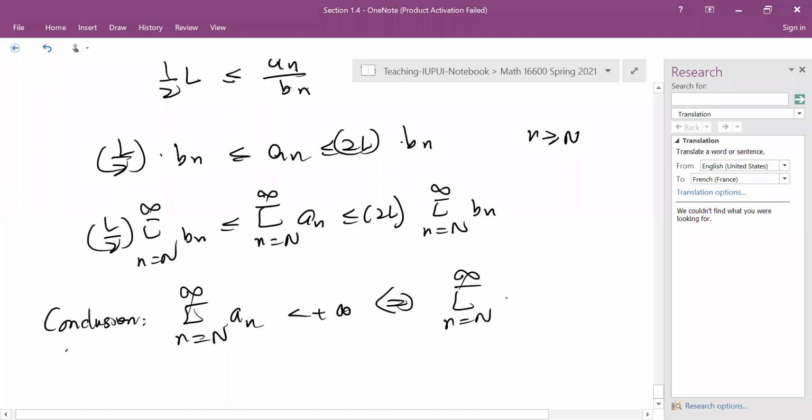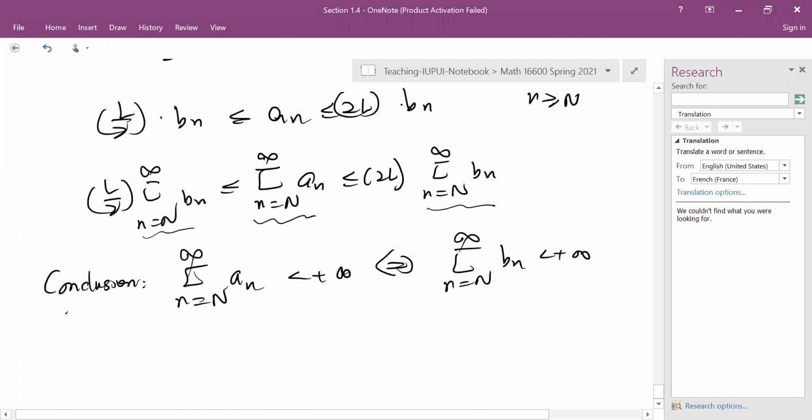They are equivalent. Why? Because if the series of b_n is finite, then you can show that the one on the left is finite. If the series of b_n is finite, then you can use the inequality on the right-hand side to show that the series of a_n is finite. So they have the same convergence.